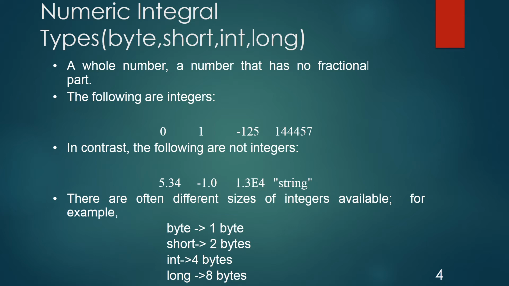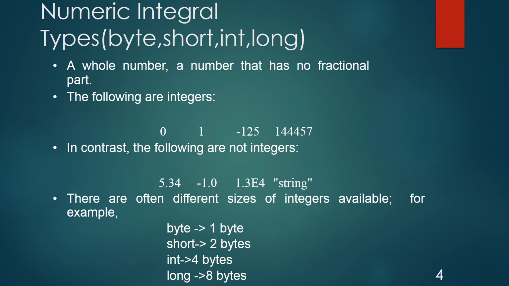In the broader way we can say that these data types are used to store a whole number that has no fractional part, meaning any number that does not contain a decimal point is an integer, and all four data types can be used to store that number.